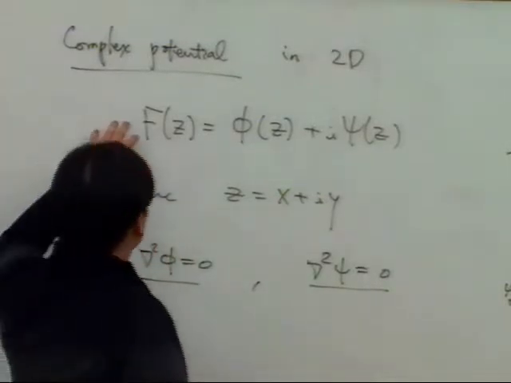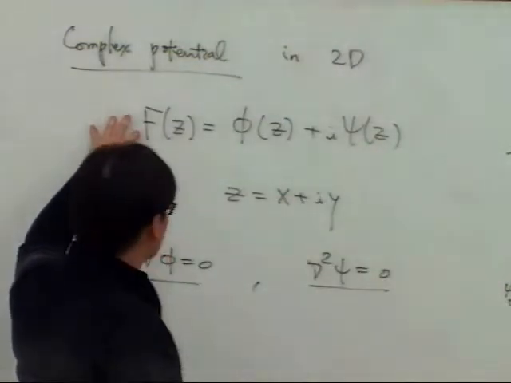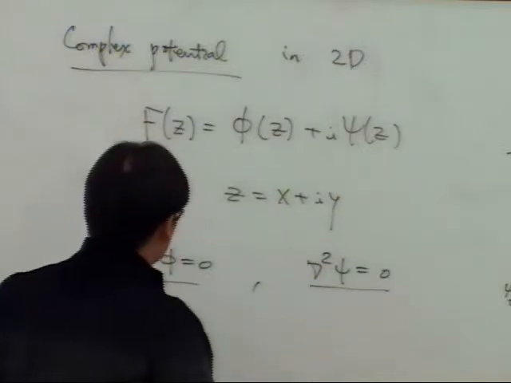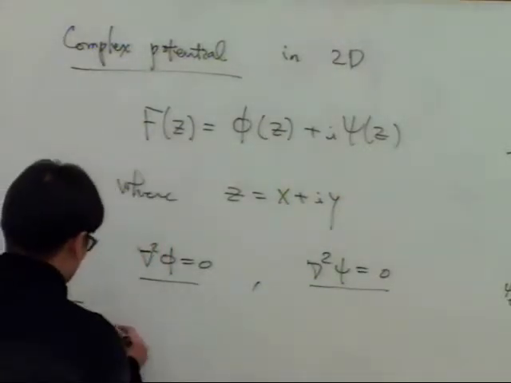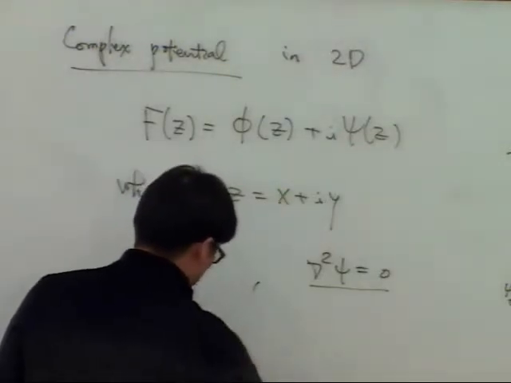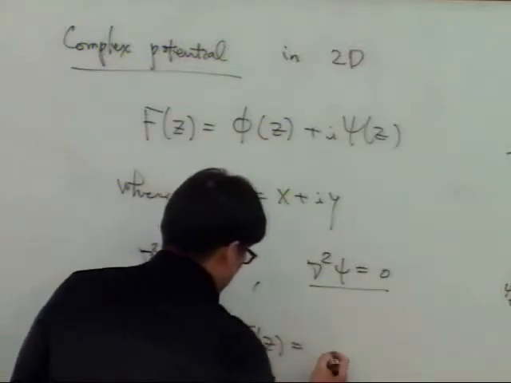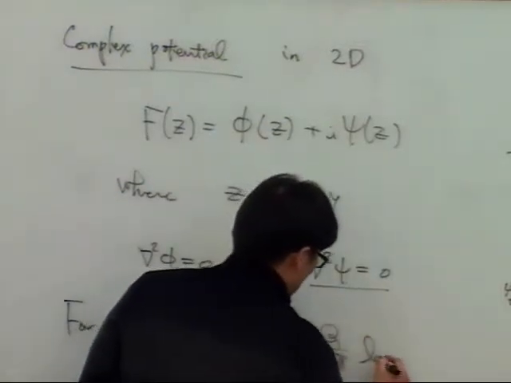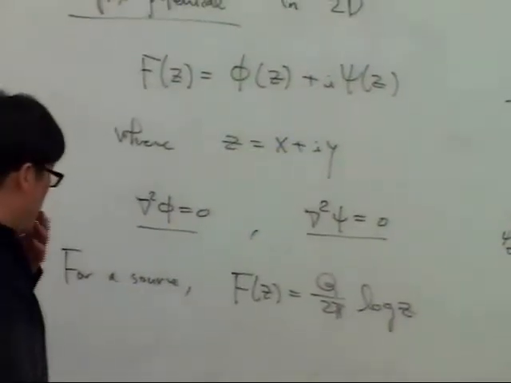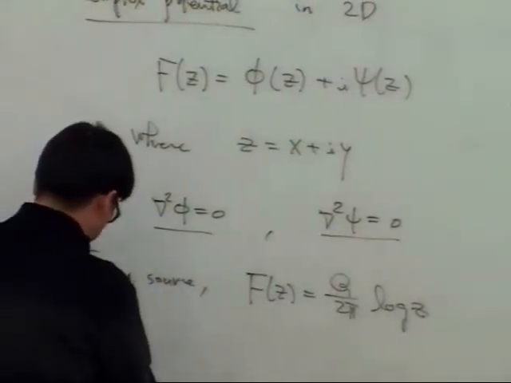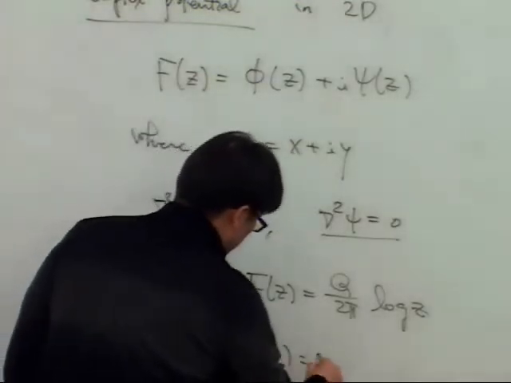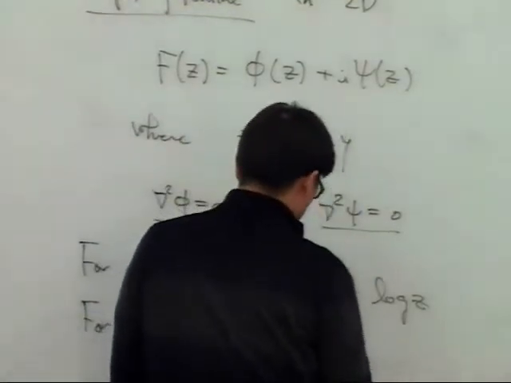So any velocity potential for any singularity can be written as a complex potential. So for example, for a source, f of z is q divided by 2 pi log z. For a dipole, f of z is, I need a notation.